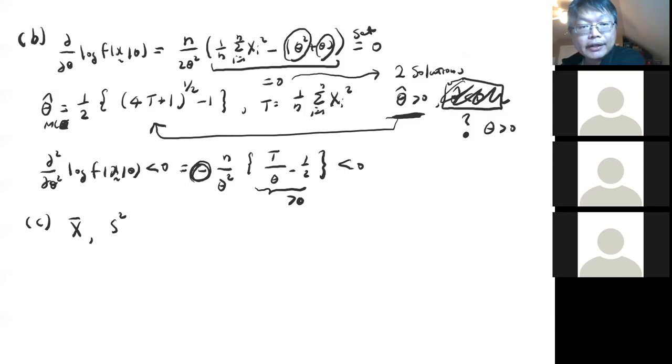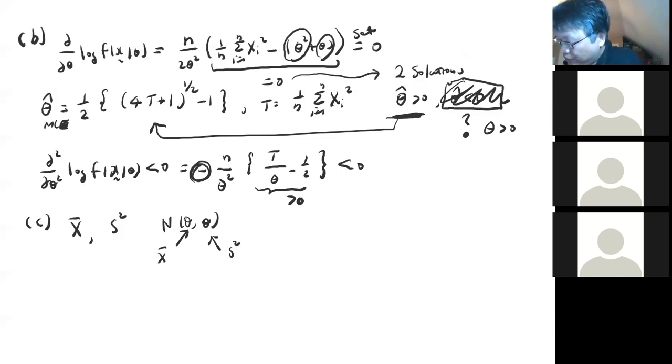Okay, and then I think one can estimate theta using both. You could use x bar to estimate theta. You could also use x squared to estimate theta as well.